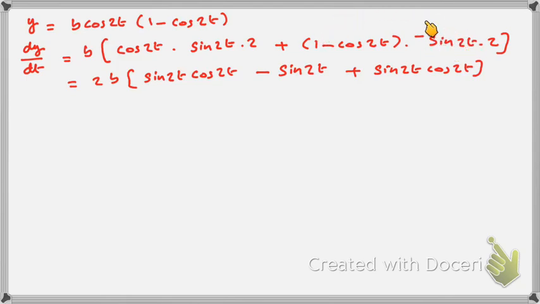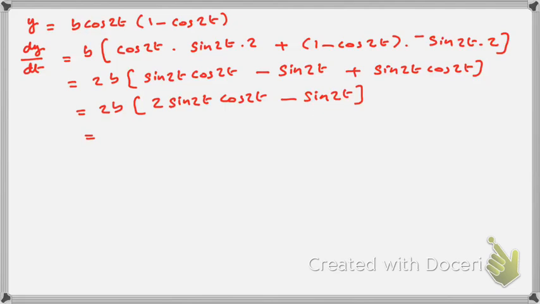Minus sin 2t into 1, minus sin 2t, minus sin 2t into minus cos 2t, which is sin 2t cos 2t. Then this first term and the last term, when you add, it's the same thing. So it's going to be 2 times sin 2t cos 2t.